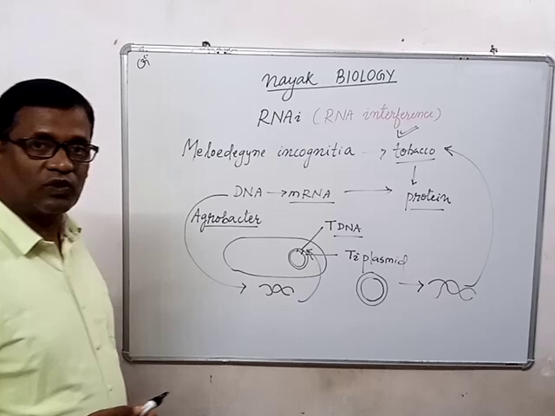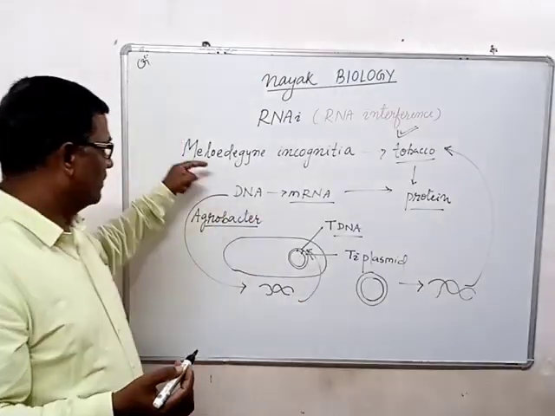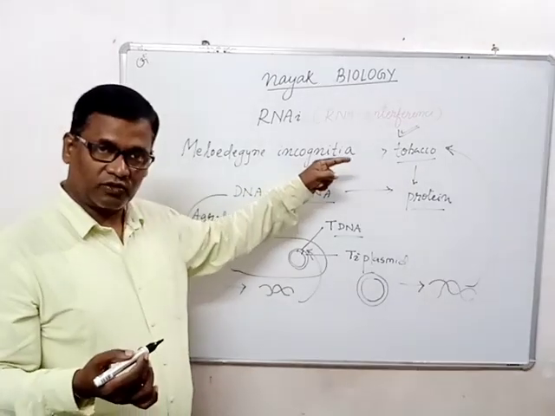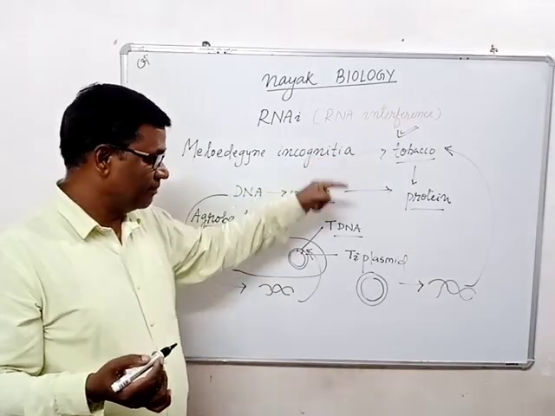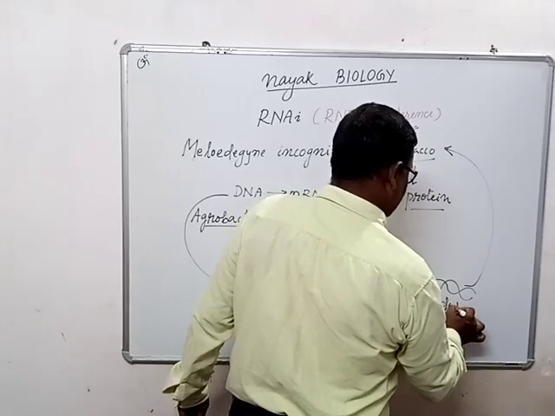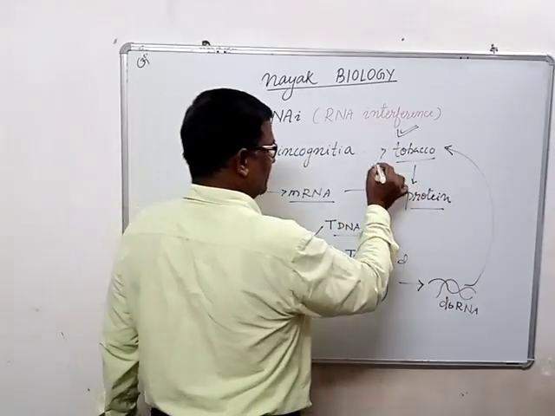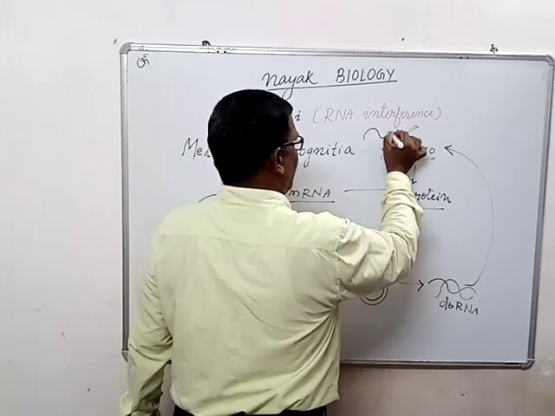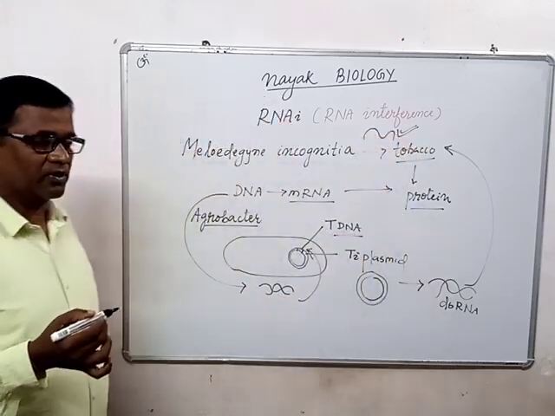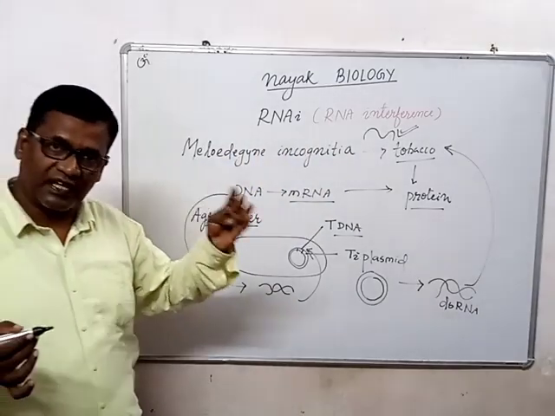Then what is the benefit for us? When this Meloidogyne incognita attacks the tobacco plant, what will it form? Already in the cytoplasm there is a dsRNA, double-stranded RNA. Now Meloidogyne incognita infects the tobacco plant, and when it infects, it will send the DNA, then the DNA will form the RNA.